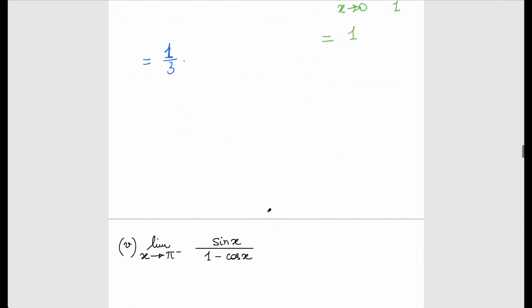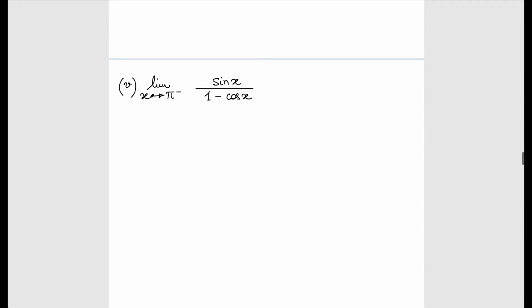Moving on to the next one, part 5. Sine x, so as x goes to pi minus, so pi from the left, sine x divided by 1 minus cosine of x. Well, as x goes to pi from the left, sine x goes to 0, right? And the guy downstairs, as x goes to pi from the left, cosine goes to -1, right?